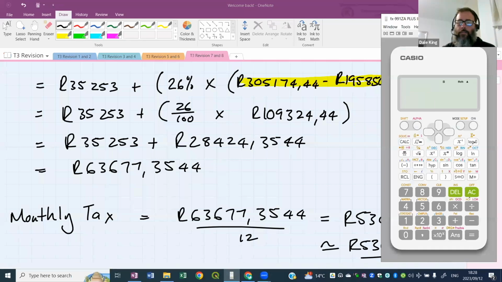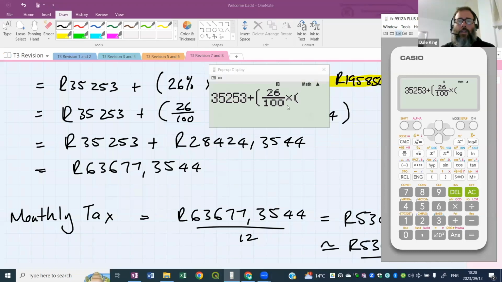So when I did that in brackets, it gave me 79,343.34, and I added that to the 35,253, and my final answer was 114,598.35. So let me do it on my calculator on the screen there.